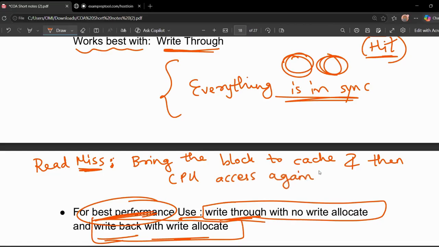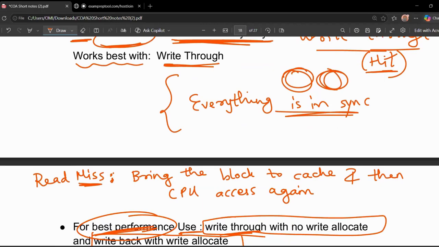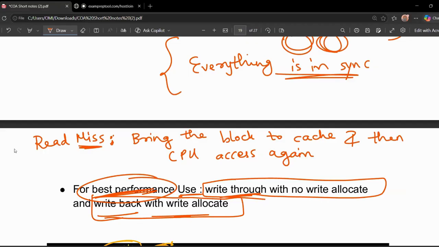For a read hit, there are no such types; caches won't be divided into different types. This is the general thing that happens in case of a miss.